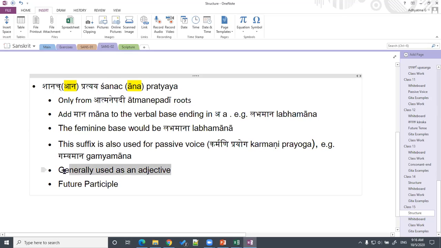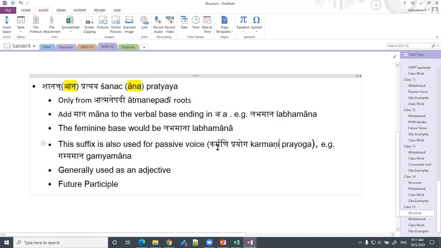It is generally used as an adjective, just like the participle for the parasmaipadi roots, and we'll also see the future participle. How does that work? So one good thing about this pratyaya, this suffix, is that the declensions are extremely easy. You see, labhamana, both her declensions are very, very familiar.